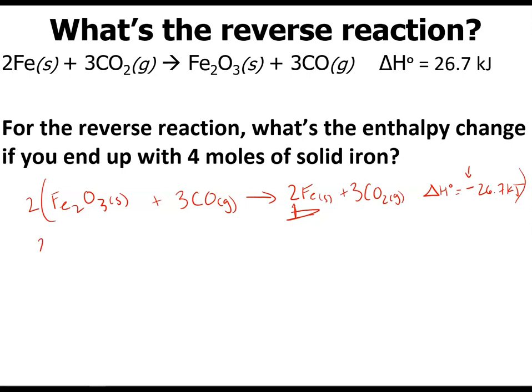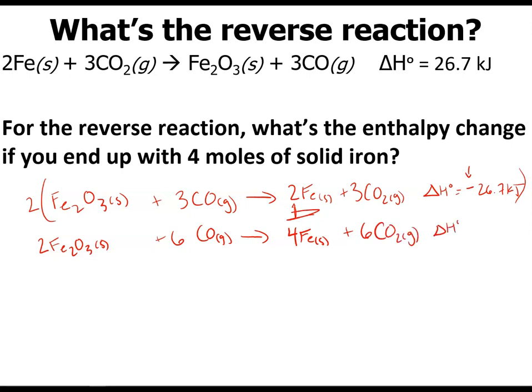So I'll have 2 Fe2O3 plus 6 carbon monoxide. We'll react to form 4 iron solid, and then we'll get 6 carbon dioxide gas.